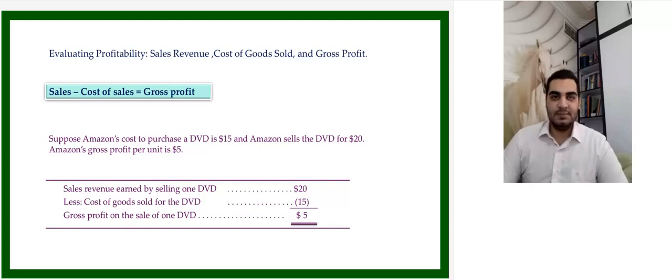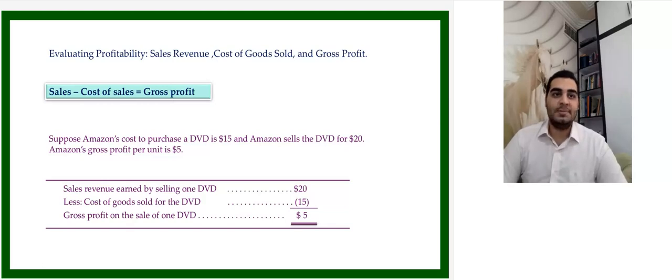And finally, we're going to evaluate our profitability. Our sales revenue, cost of goods sold, and gross profit are involved in this matter. If we subtract our cost of sales from our sales, we have gross profit. And if we subtract our expenses from this gross profit or gross margin, we have the net income or net loss, as you all know from the previous chapters.